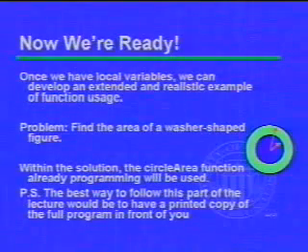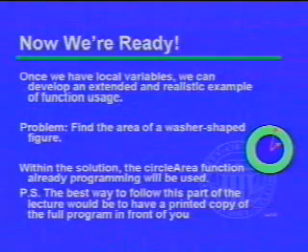Okay, let's take a deep breath. We have now seen everything we need, all the big concepts, all the little details, and everything in between, to do a trace of a real program that involves some non-trivial function calls and returns. So let's start setting that up. The problem is going to be to find the area of a washer-shaped figure.